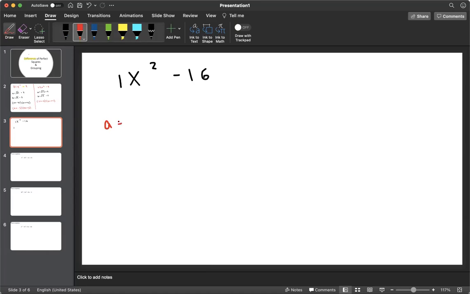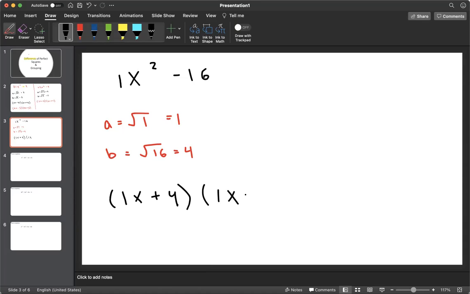So my a is equal to root 1, which simplifies to 1. My b is equal to root 16, which simplifies to 4. So my factored form is 1x plus 4 times 1x minus 4.